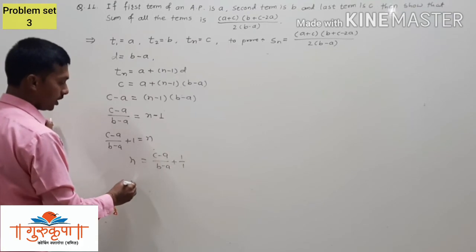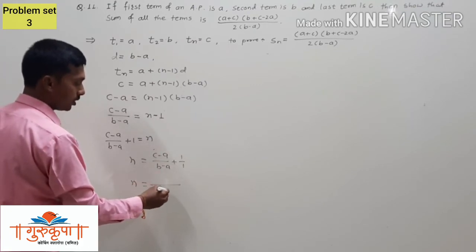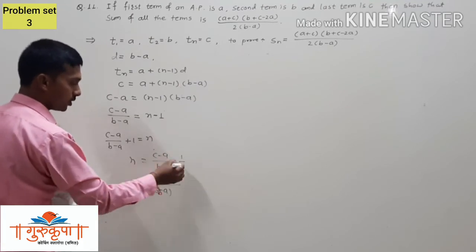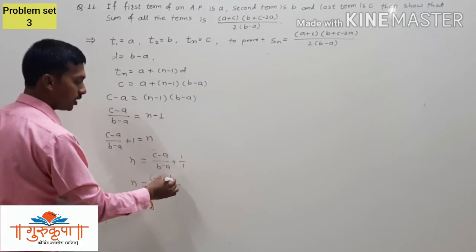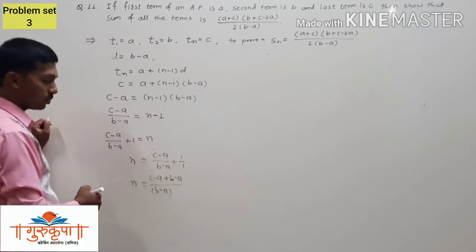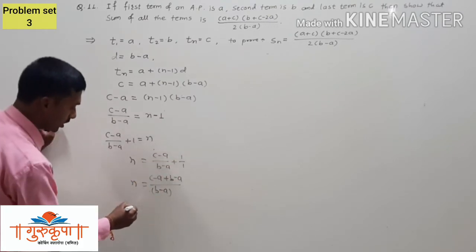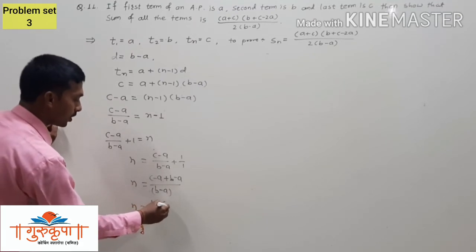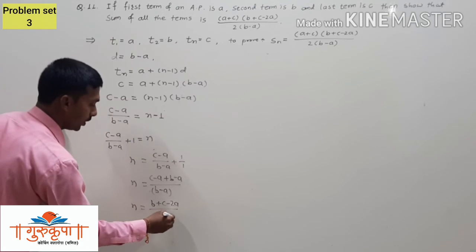Take the addition, that is n is equal to: multiplication of denominator to the denominator, b minus a into 1 is b minus a, cross multiplication. c minus a plus 1 into b minus a is b minus a. So we have b plus c minus 2a, that is n is equal to b plus c minus 2a upon b minus a.